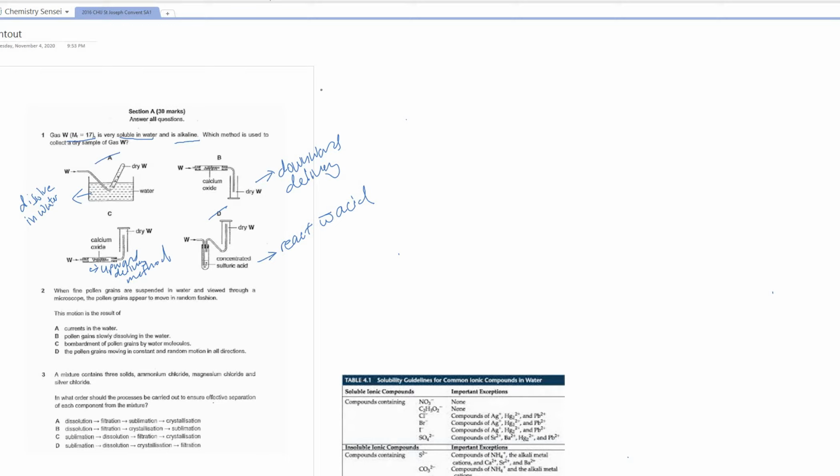First, we need to understand the composition of air. Air is made up of 78% nitrogen gas, 21% oxygen gas, and the last 1% is for other gases.